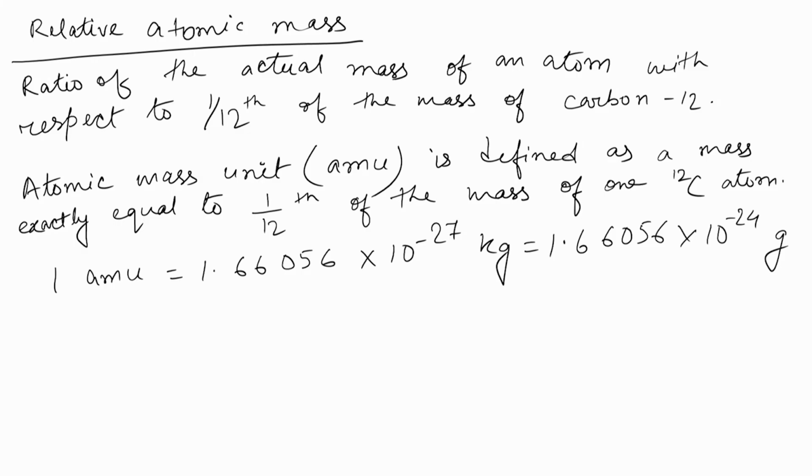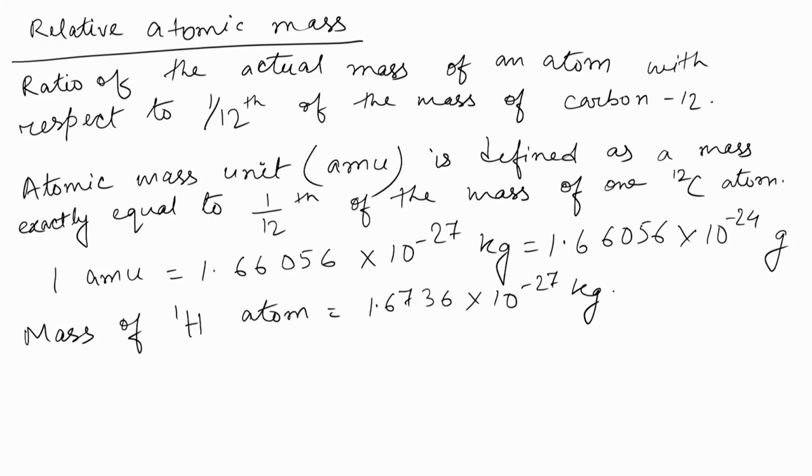So, the mass of a hydrogen-1 atom can be measured; the actual mass of a hydrogen-1 atom is 1.6736 into 10 to the power minus 27 kg.